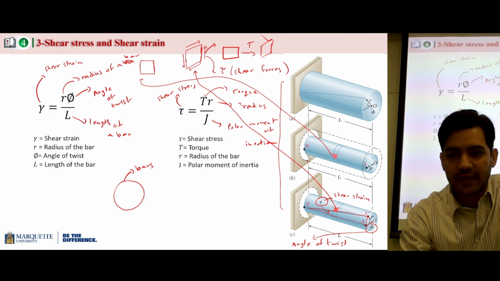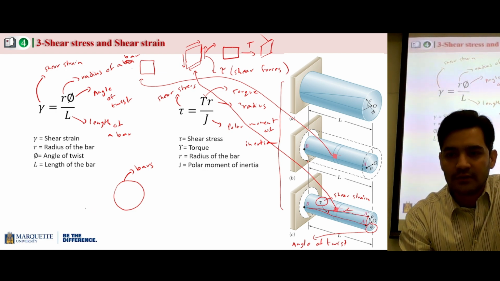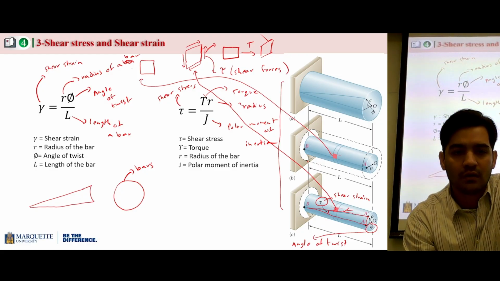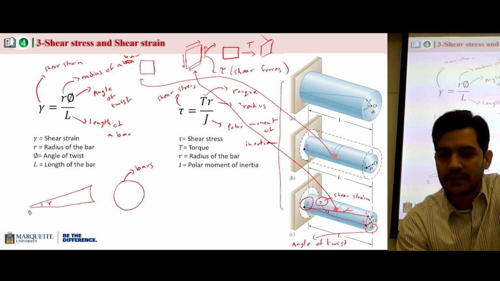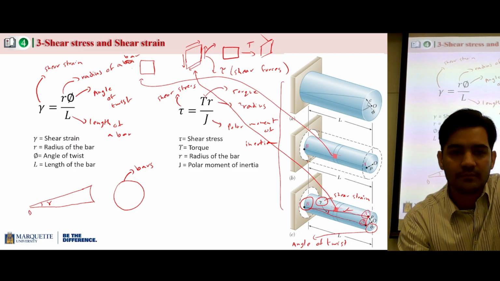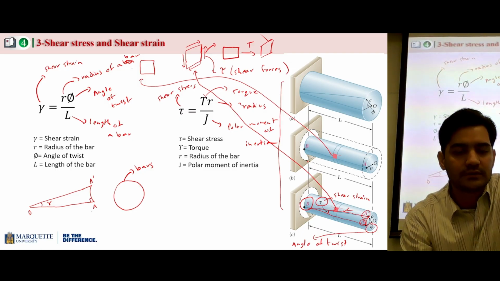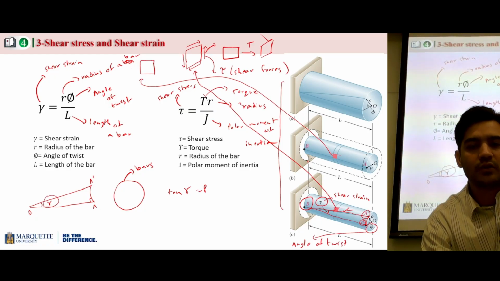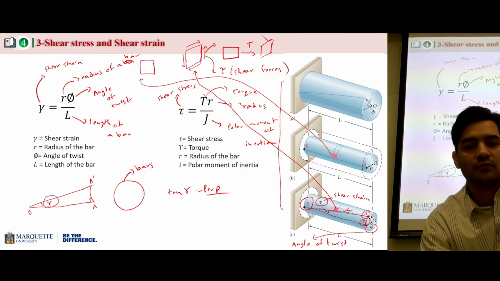For example, if I take this triangle out of it, this is the B distance, this is point B, this is A prime, and this is a 90-degree angle. If you take the tan of this angle, we know tan is perpendicular over base.